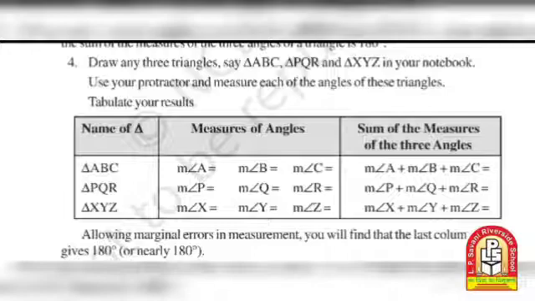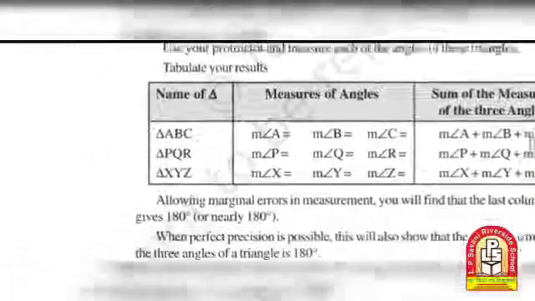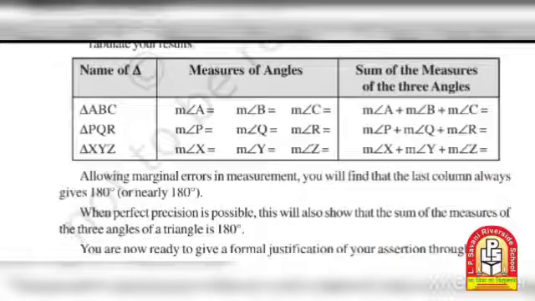You have to measure with the help of a protractor and write the measurements of angles A, B and C in this table, and then put the sum of those three angles in the proper column. The same procedure you have to follow for triangle PQR and triangle XYZ. Here you get the angle sum of that particular triangle.